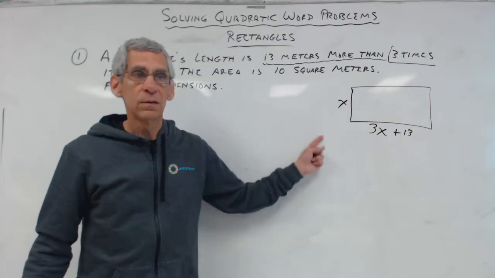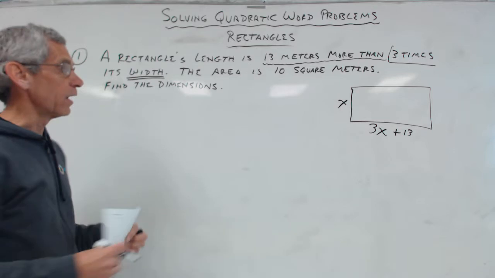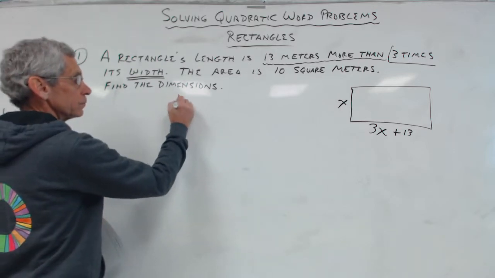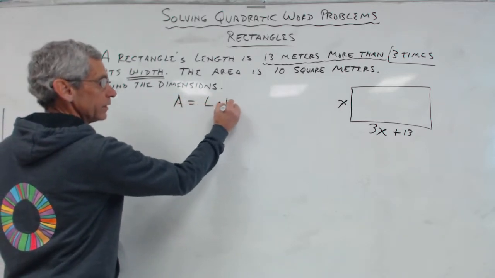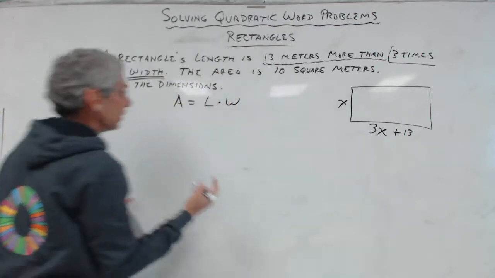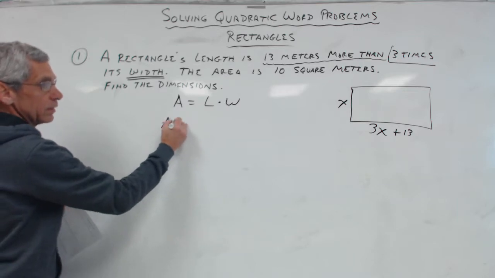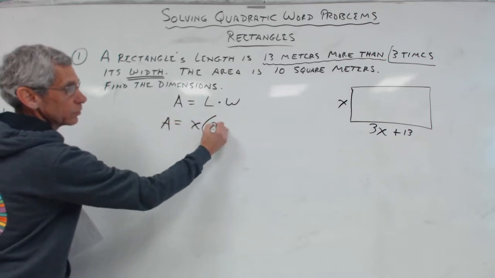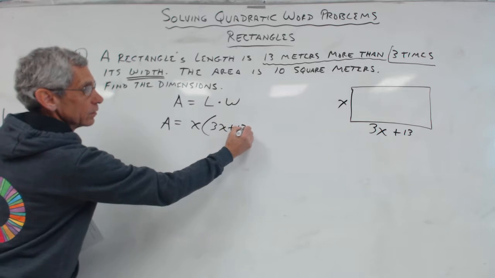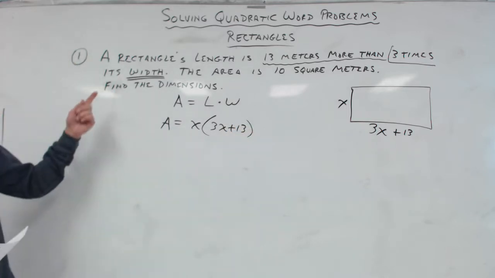Okay. Now, what's the formula for the area of a rectangle? Length times width, right? So we've got this times this, right? So I could say the area is x times 3x plus 13. You guys agree with me? Now, did I tell you what the area was in this problem?